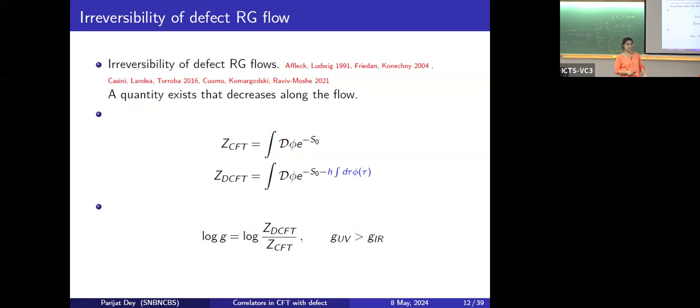Is it very similar to the Zamolodchikov? Yes. You construct a quantity and you show that this decreases along the flow, its derivative is some sign-definite quantity. Here also it is assumed that it has to be.